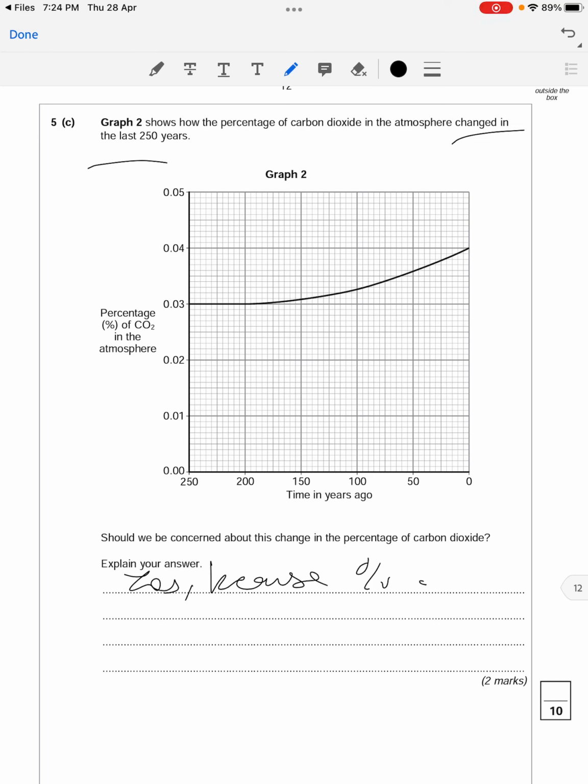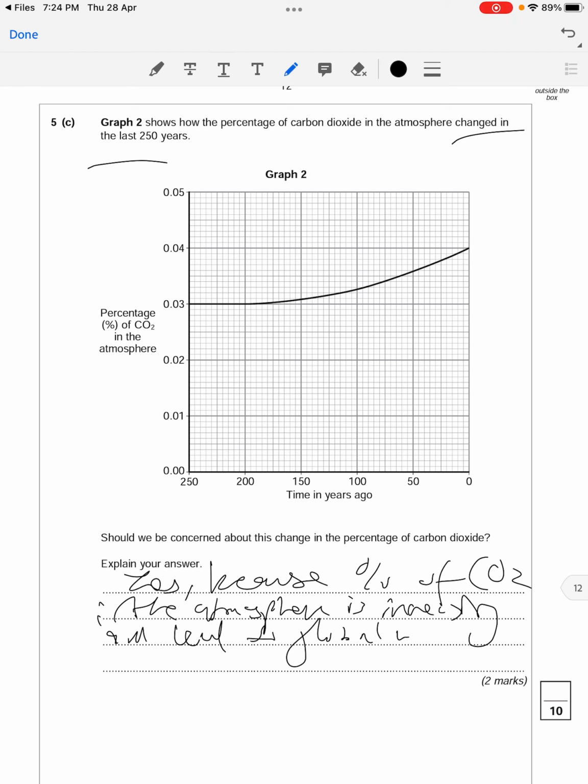Yes, it's because the percentage of carbon dioxide, that's CO2, in the atmosphere is increasing. So because it's increasing, this can lead to global warming, like I mentioned, which is not a good thing for the planet. So we need to stop global warming effectively, right?